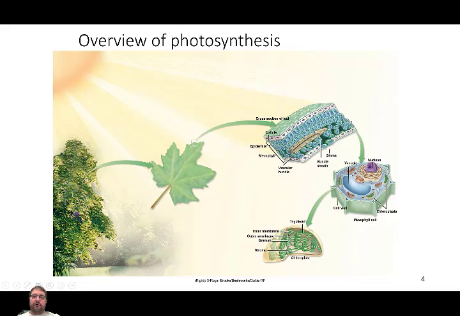Okay, so here you can see a cross section of the plant leaf. We'll probably talk about some of these regions, but just realize that the photons are capable of penetrating the cuticle layer of most plants, and then into the epidermis, and then into the mesophyll and into the vascular bundles.